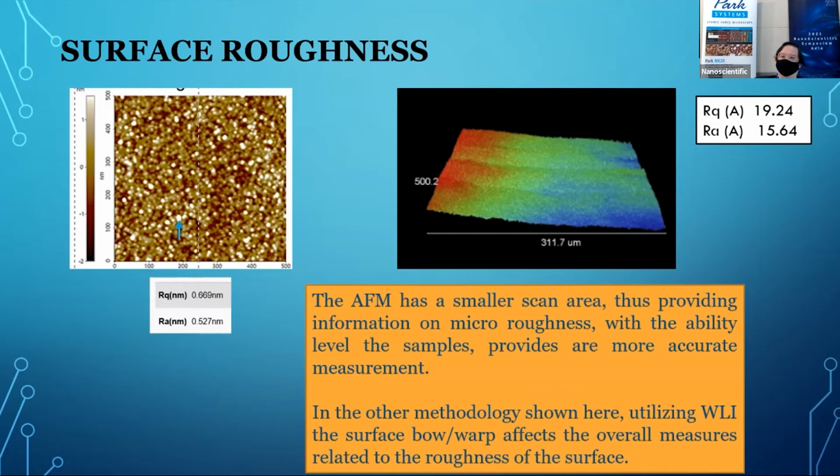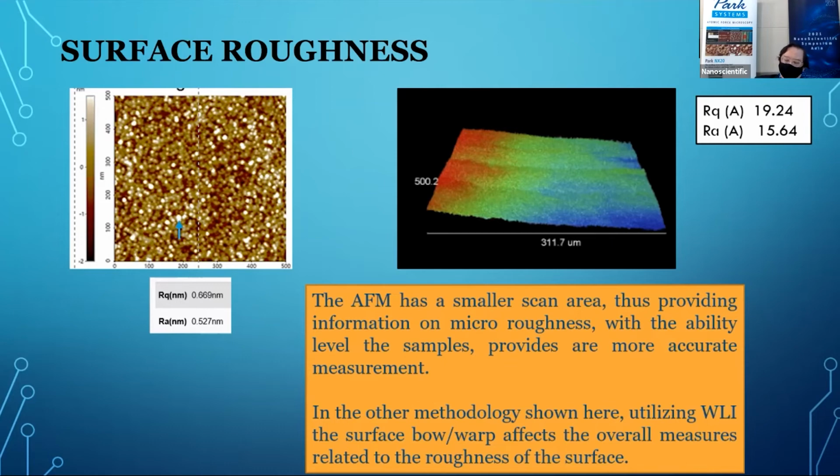In this particular slide, you notice that if the surface is bowed or warped, the white light interferometer may give an incorrect estimate of the surface roughness, as compared to the AFM, where you're looking at micro-leveling or micro-roughness, and you're able to go almost down to the atomic level.